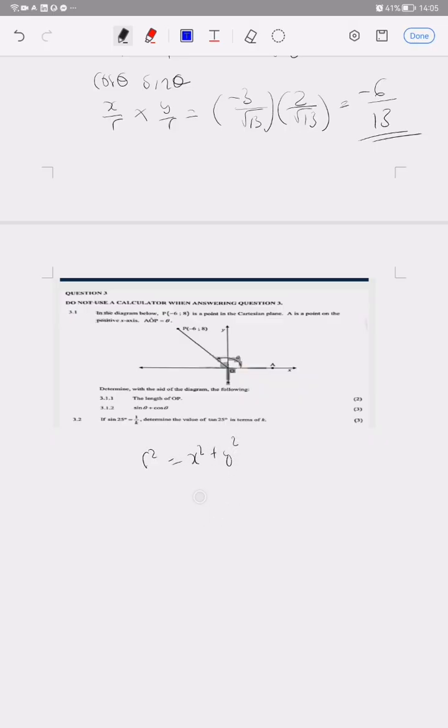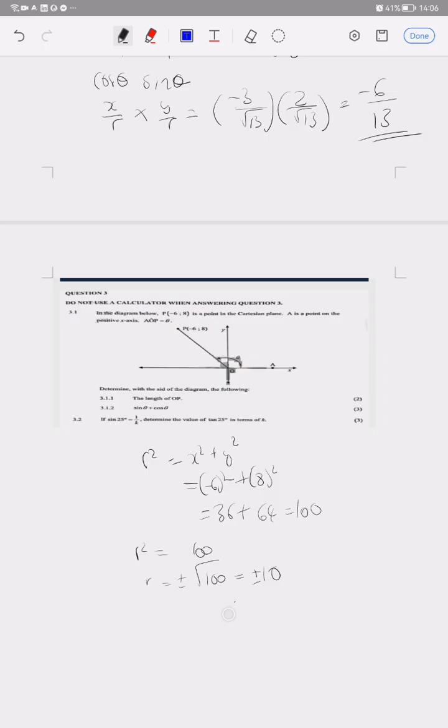So what will I have? I'll have negative 6 squared plus 8 squared. This will be 36 plus 64, which gives us 100. So r squared is equal to 100. r is plus or minus the square root of 100, which is plus or minus 10.